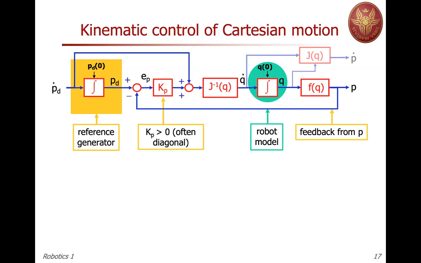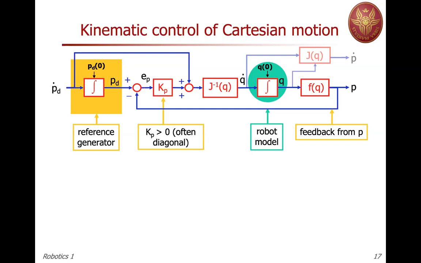So the simplest case, suppose that you have a 2R planar arm and you have a camera overlooking the plane of motion. With the camera, you can trace the end effector position at any time. So from the camera, you get the position P. Even if, let's say, you just put a light on the tip and you shut off the ambient light, so you don't see anything else than the end effector.